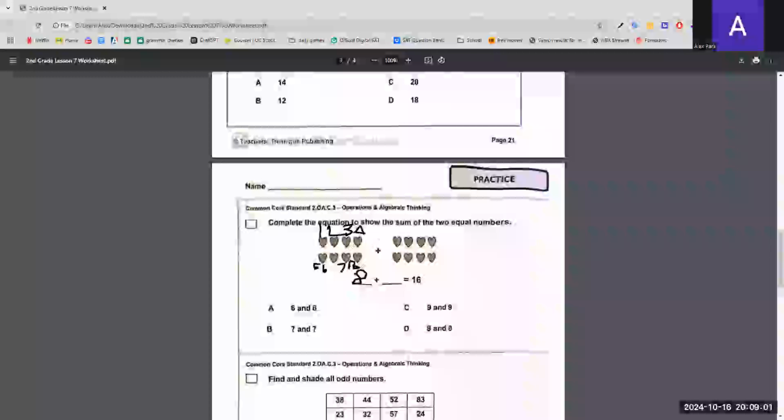And we can tell that these two sets of hearts have the same number of hearts. So that means if this one has 8, then this one also needs to have 8. And that is also D. And we can check our answer by adding 8 plus 8, and it does, in fact, add up to 16.